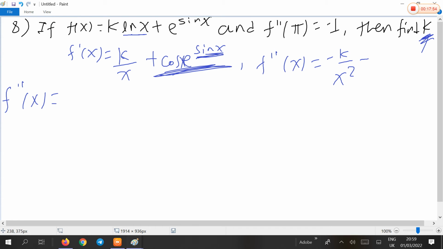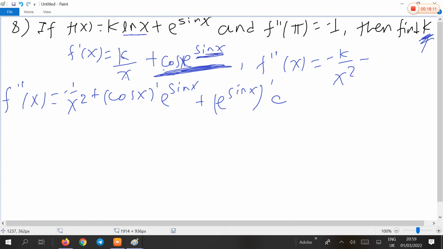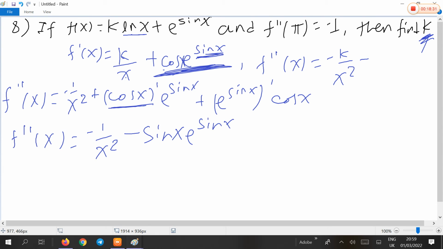The derivative of cosine x is minus sin x times e to the power of sin x, plus the derivative of e to the power of sin x, which is e to the power of sin x, times the derivative of sin x, which is cos x, times cos x, which is cos square x.